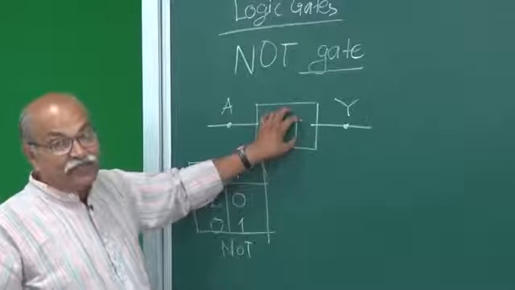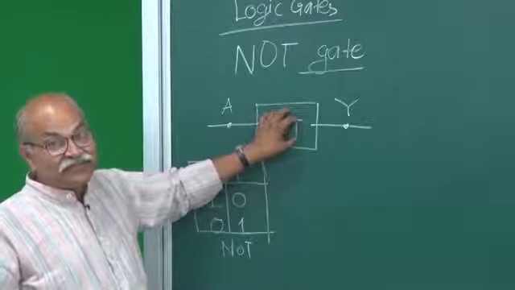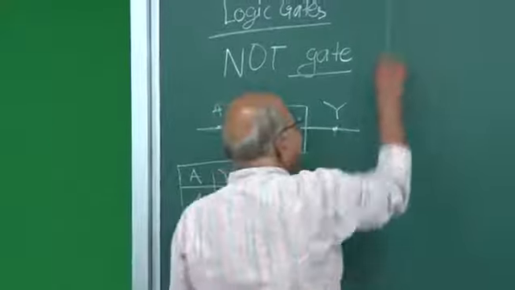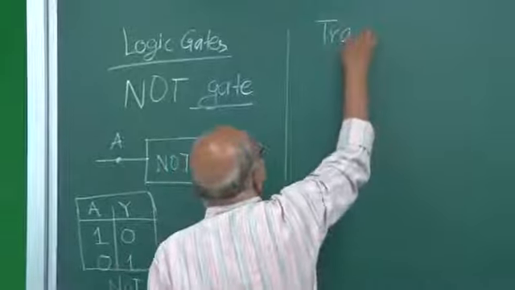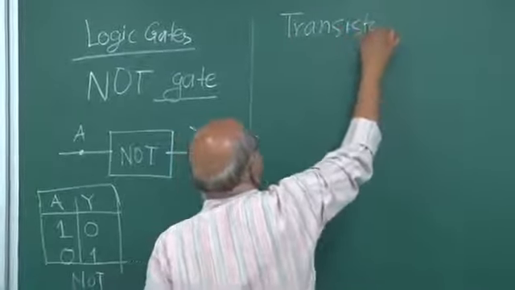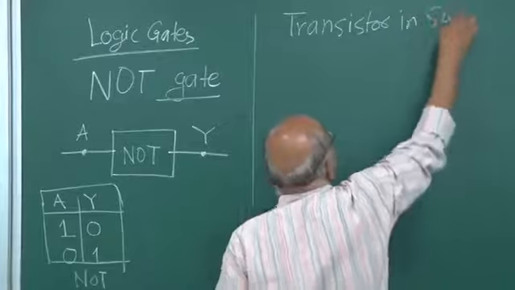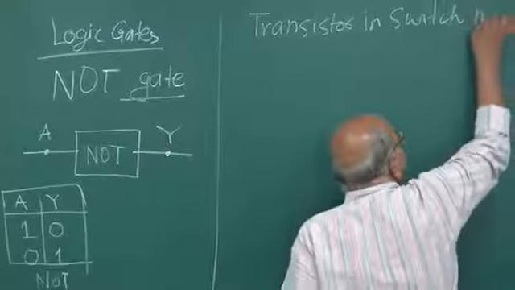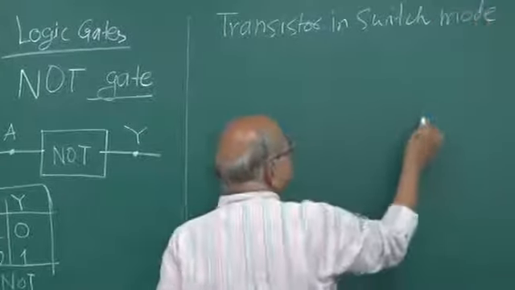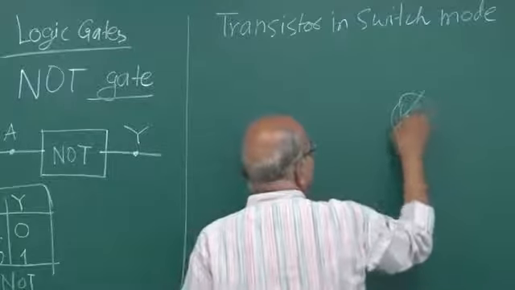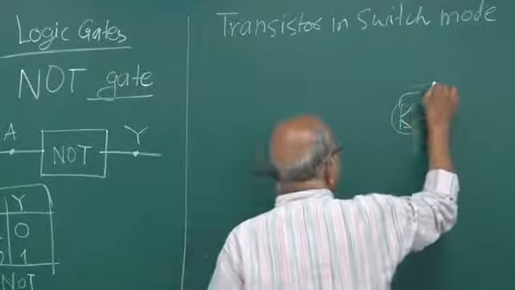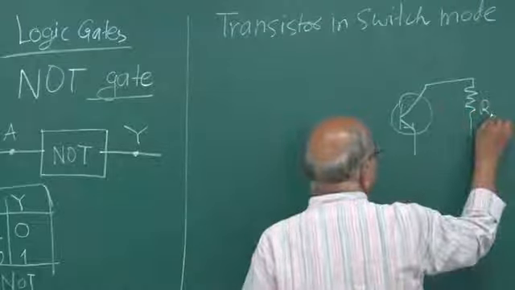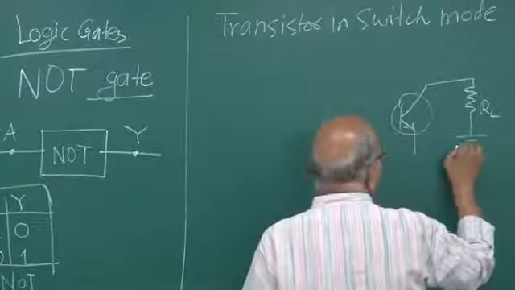And you must remember, we have already discussed this kind of circuit. It's nothing but a transistor in switch mode. If you take an NPN transistor, as we had been doing, you have the load resistance or collector resistance, and then you put your biasing here.